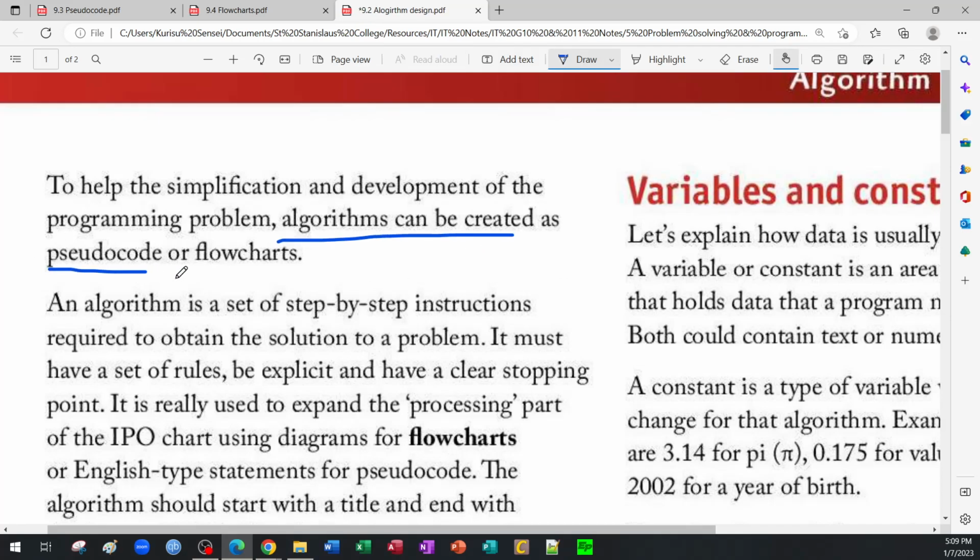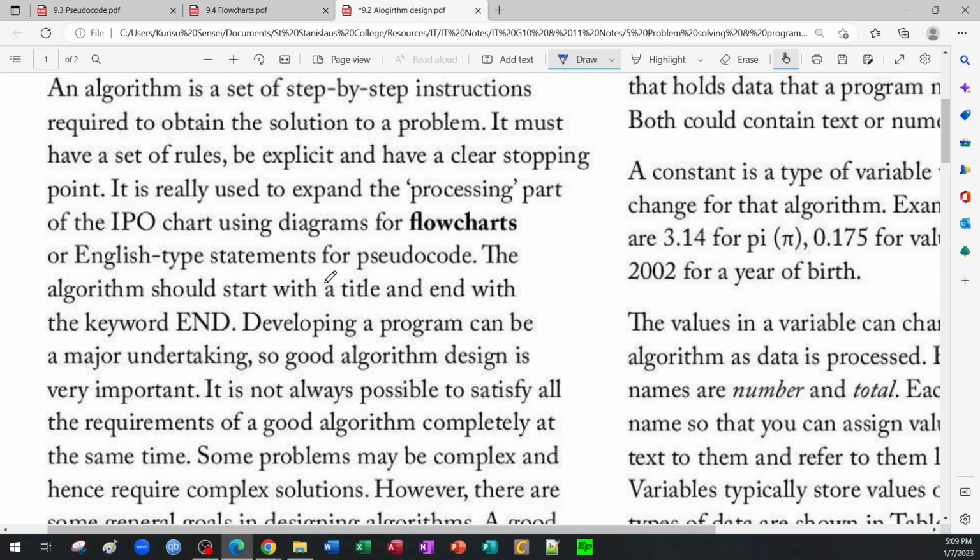There is pseudocode, and then there is flowchart. And as you would have seen as we went through that chapter, a pseudocode uses English type statements, or basically English words, various statements and keywords for creating that pseudocode.